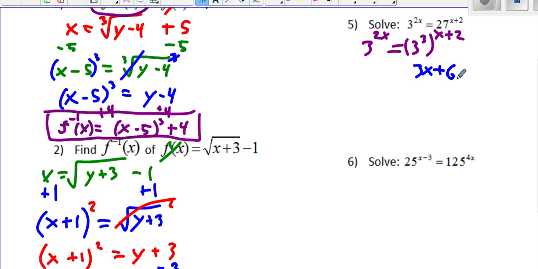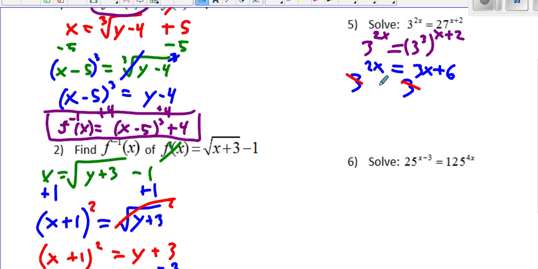3x plus 6, just 3 to the 3x plus 6, equals 3 to the 2x. Then, since they both have that base of 3, you can cancel them out.